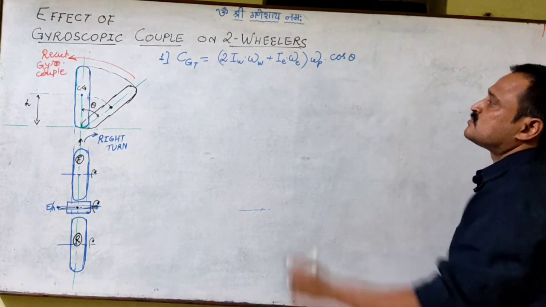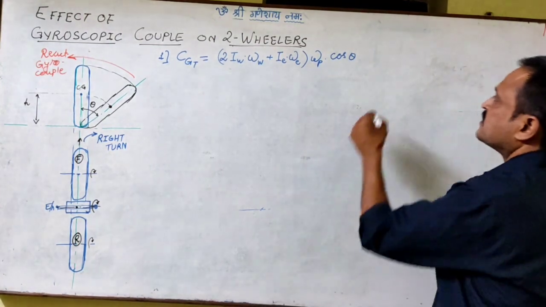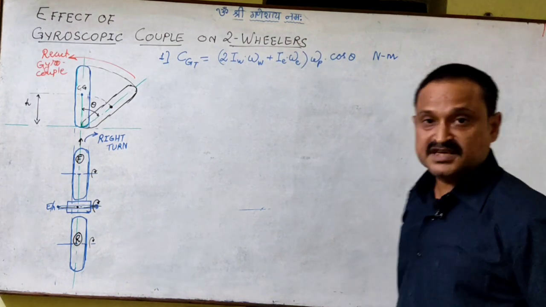So this was the magnitude of total gyroscopic couple. This is in Newton meters. This is the first thing.